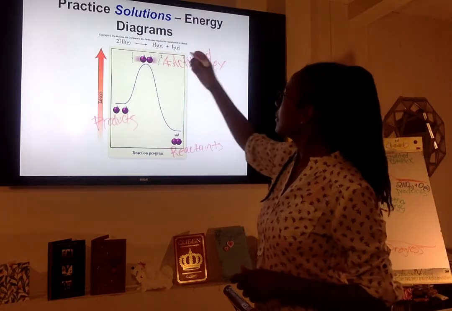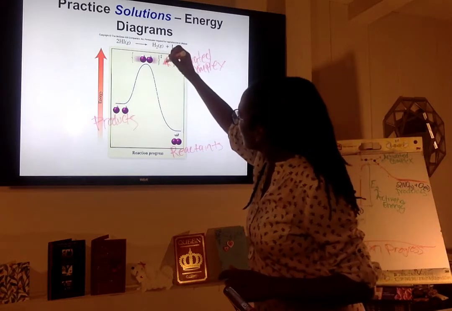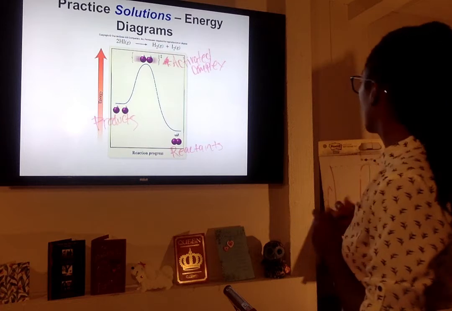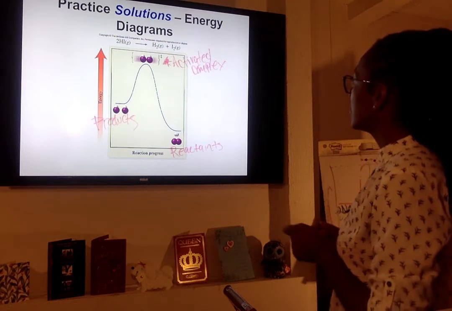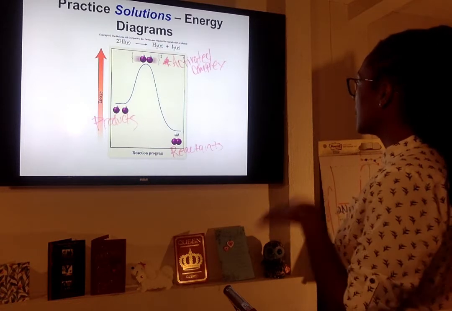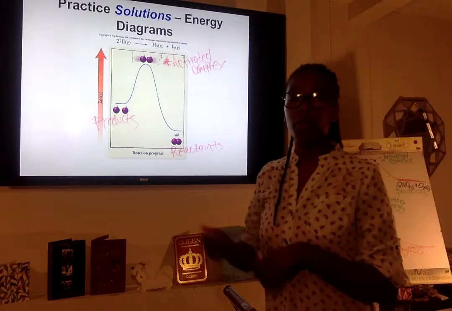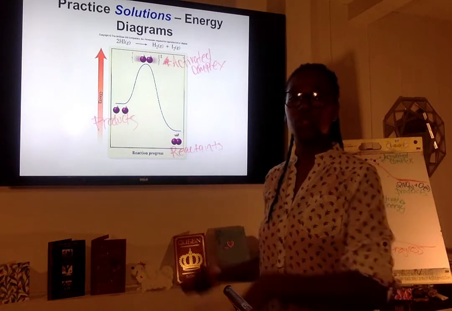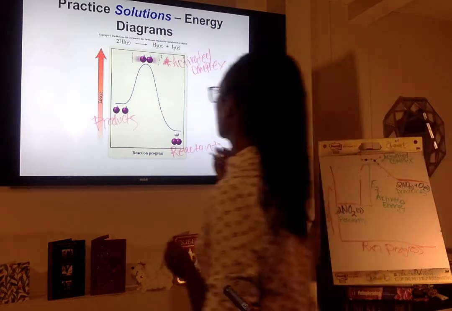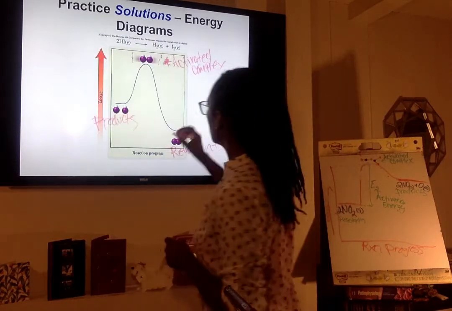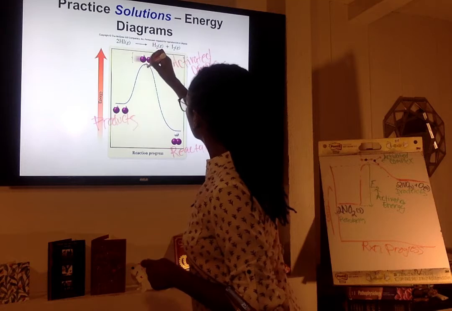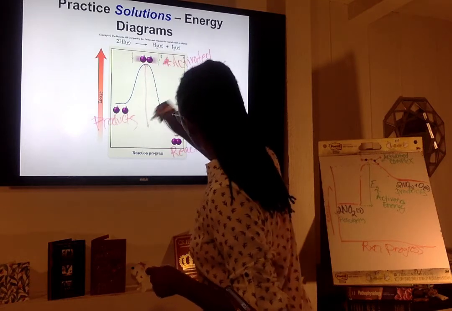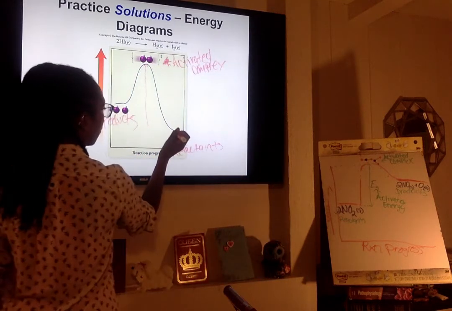This area is the activated complex. Now what else do we need to label on here? We need to say how much energy was used in order to get from the reactants to the activated complex. So we would label that from here down to here.